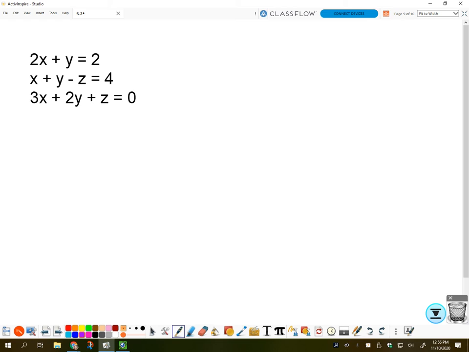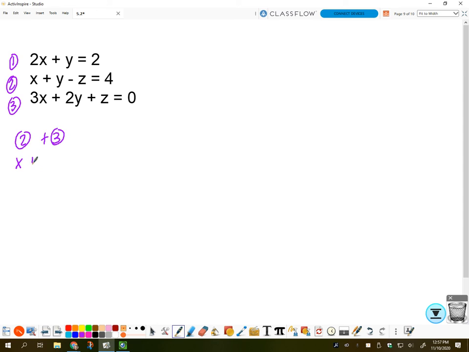Alright, so we have one that only has 2 variables. So I need 2 and 3 to combine and get rid of the z, which actually works out nicely because the z's are just going to cancel if I add them together.